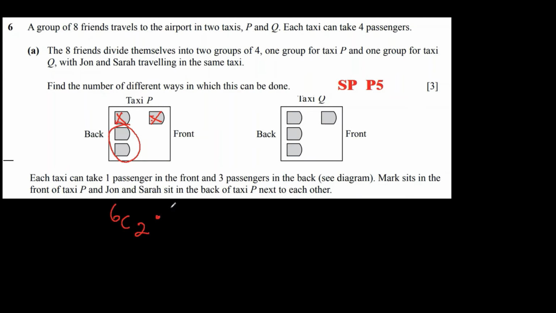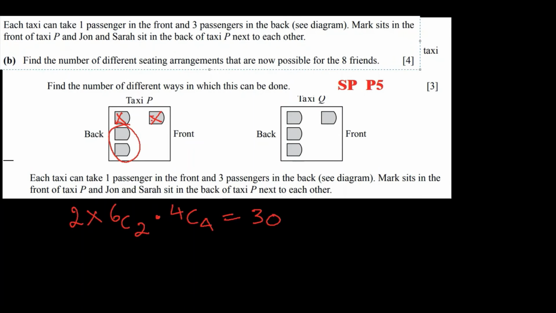And the second one will be that the 4 people are remaining and all 4 will be selected for taxi Q. But the situation could have been opposite, that John and Sarah sat in taxi Q. So this whole selection will be doubled because we don't know which taxi they took. And this will give us the number of combinations possible. It comes out to be 30 combinations.